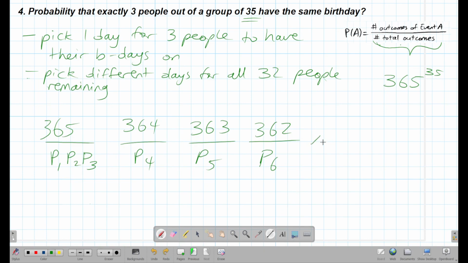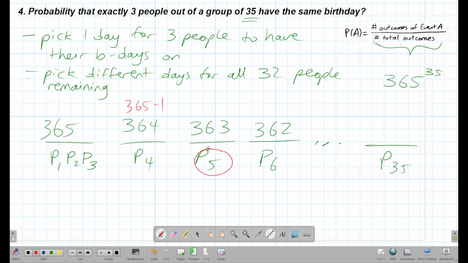I'm not going to write out all of them, but for person 35, we need to figure out how many days they are allowed to pick. So you're going to notice a pattern. For people 1, 2, and 3, they get all days of the year. But for person 4, they get 365 minus 1.